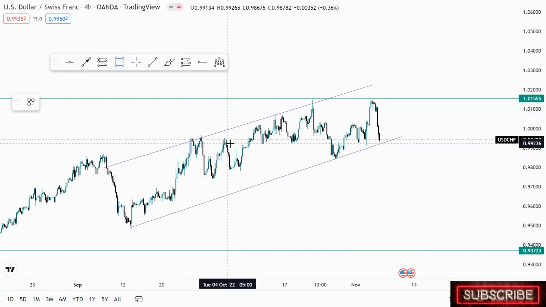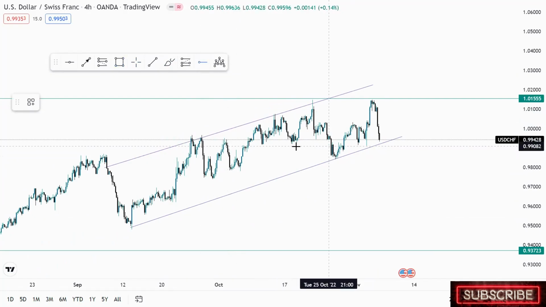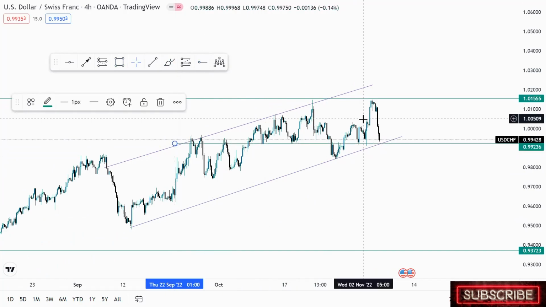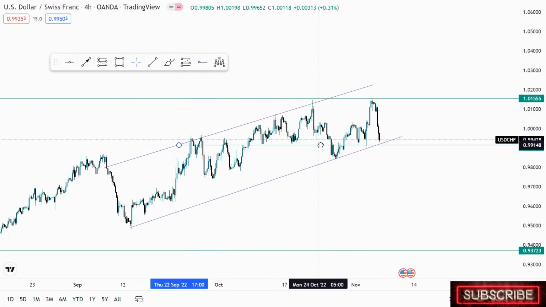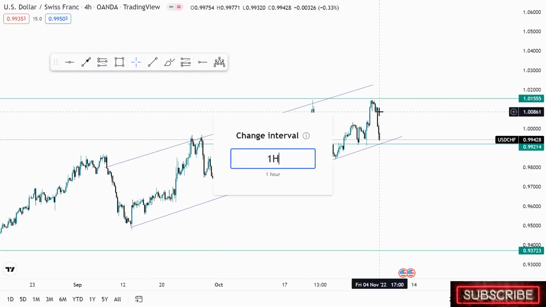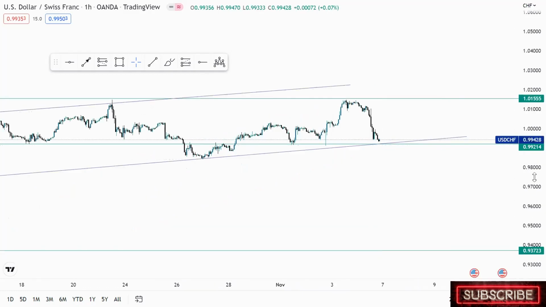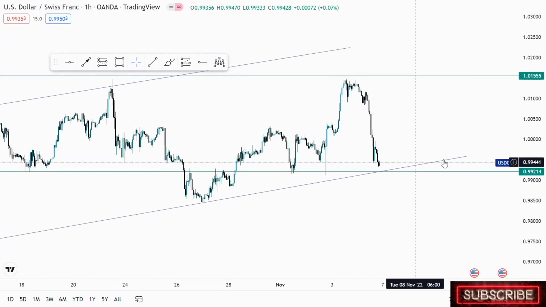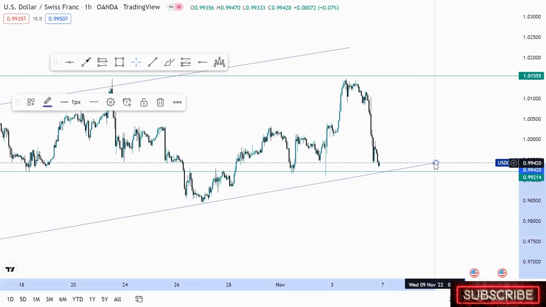However, we need to take into account that we have this level over here that we need to be cautious of, because this level is still strong, guys, still strong. So it's very important to take note of it. So as you can see, guys, what's going on here?